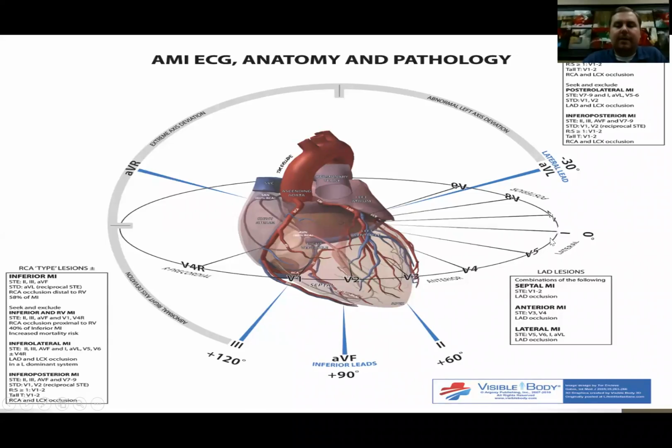And then V5 and V6 are over here looking at the lateral wall along with 1 and aVL. There's also posterior leads, so V7, V8, V9. If we put those leads around the left side of the patient, we'll be looking at the posterior wall. V4R would be looking over here directly at the right coronary artery, which is going to perfuse the right ventricle.